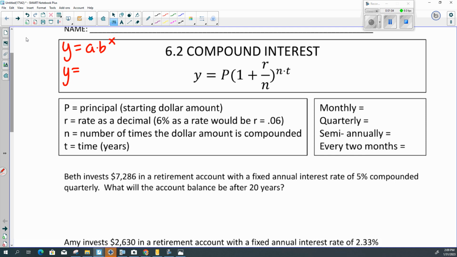Principal? Oh, actually, I don't know. I guess I'll just put P because I can't remember. And then we had 1, and then we either had a plus or a minus. It depended on if it was exponential growth or exponential decay. And then we had the rate and we had the time. So these are the two exponential equations that we've already been practicing with.